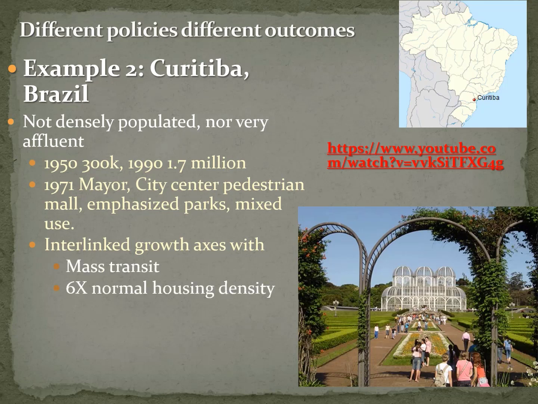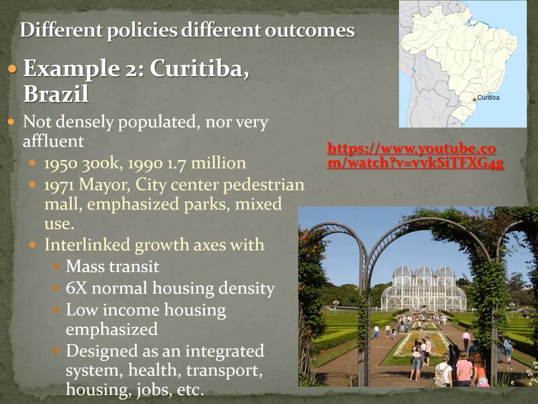So development only occurred along mass transit lines, or areas that were linked to them. They were able to do this at 6 times the normal housing density relative to other areas. And also low-income housing was emphasized, so it's not just for the wealthy or the affluent, but for everyone. And it was designed as an integrated system with healthcare, transportation, housing, jobs, all integrated and connected to cut down on the consequences of sprawl and driving.